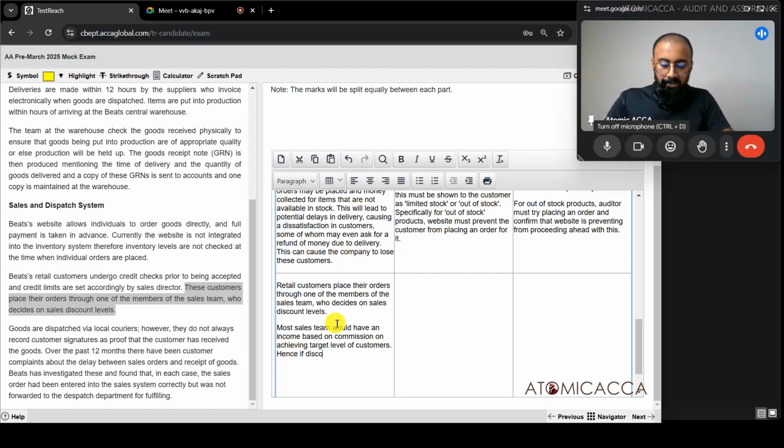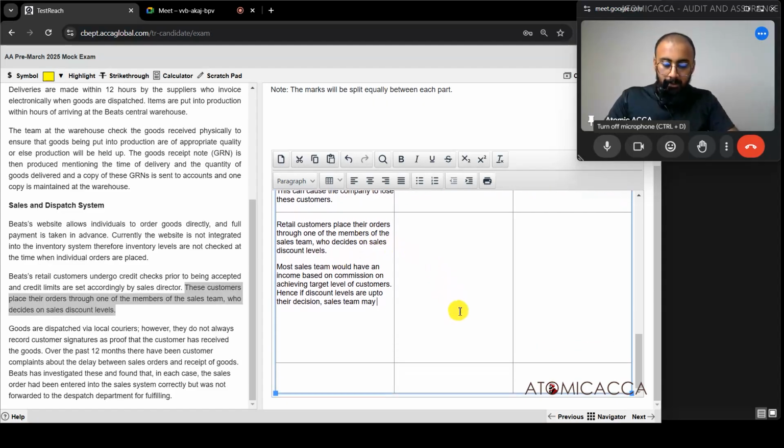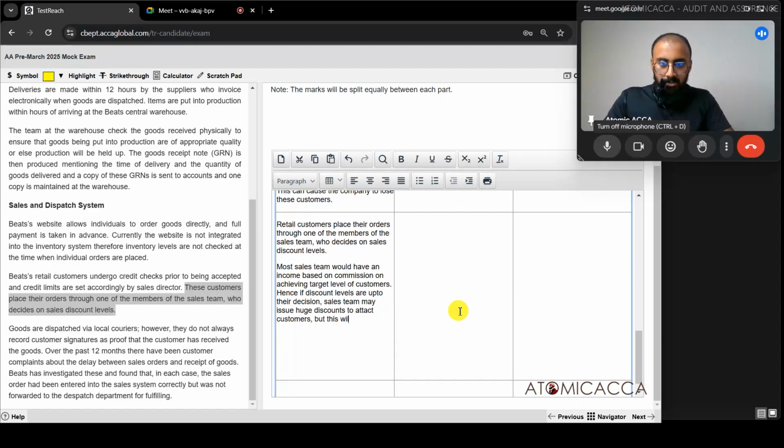Hence, if discount levels are up to their decision, the sales team may issue huge discounts to attract customers, but this will lead to a loss of revenue for the company.